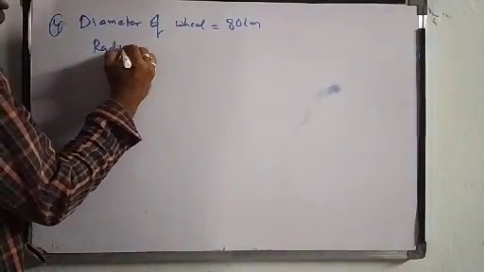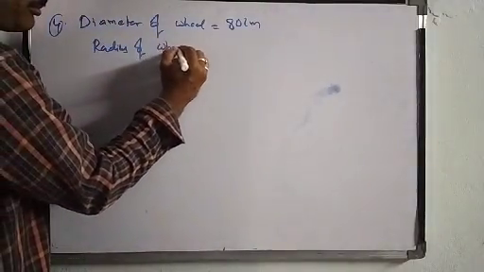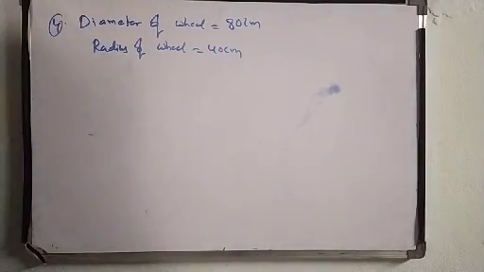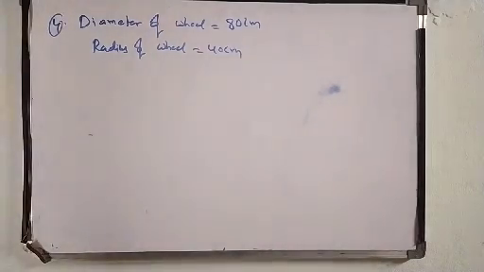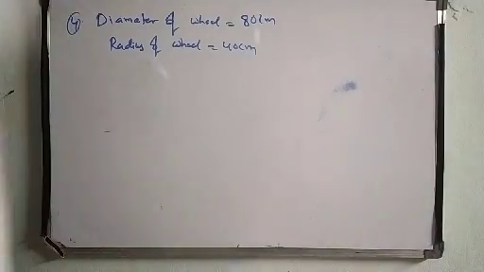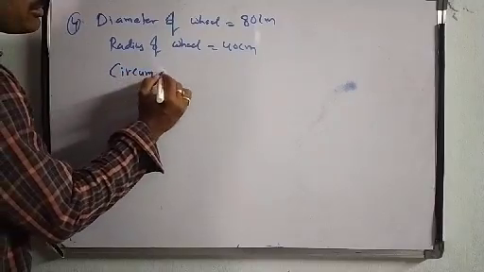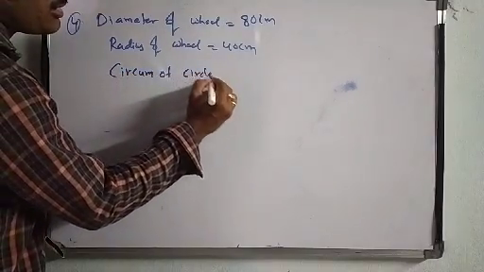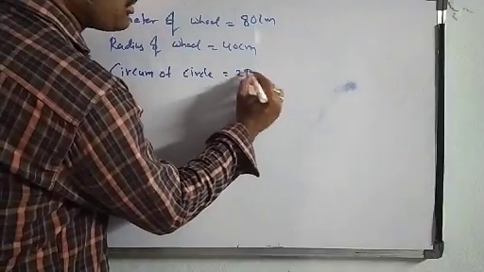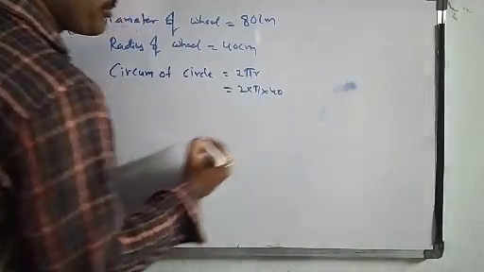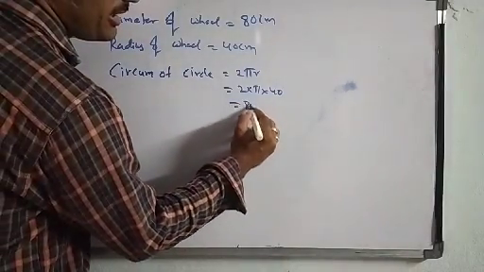So the radius of the wheel is 40 centimeter. Next, we can find the circumference. The circumference of the circle is 2 pi r, so that is 2 into pi into 40, which we can make as 80 pi.